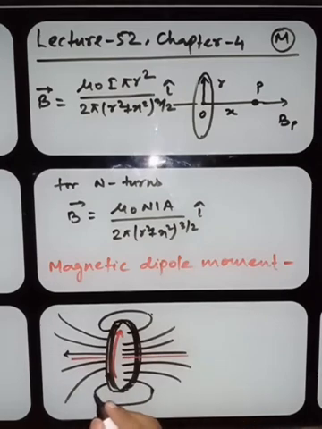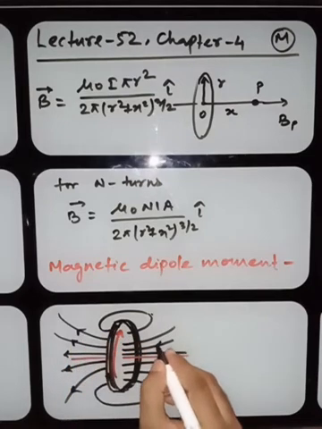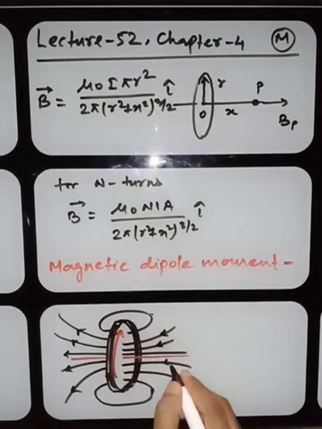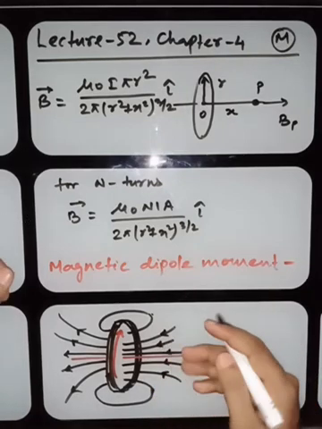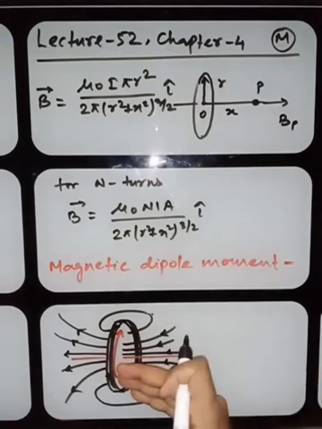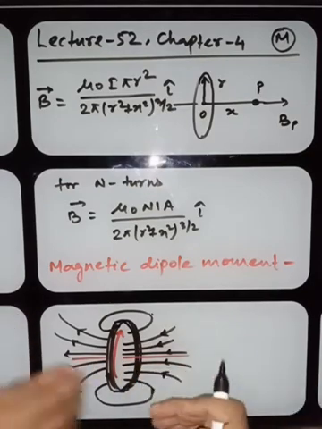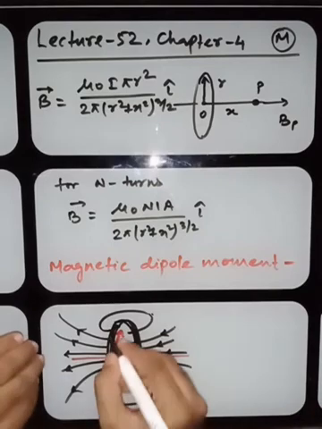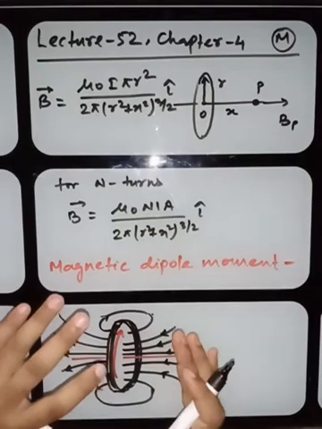Now, these are the magnetic field lines. Remember, the magnetic field lines enter from this face and exit from this face, making a closed loop, which only magnetic field lines can make.